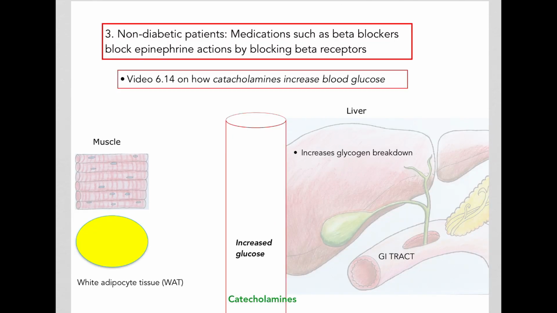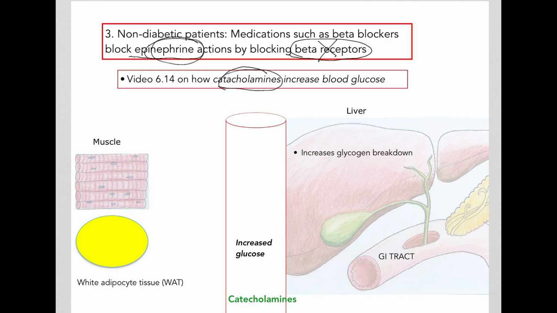Now, as we mentioned earlier, catecholamines increase blood glucose. But if you use medications that block these catecholamine actions, because catecholamines like epinephrine actually use beta receptors to exert their effects, if we use drugs that block these beta receptors, the epinephrine is not going to work.